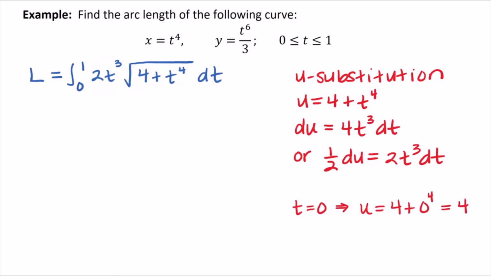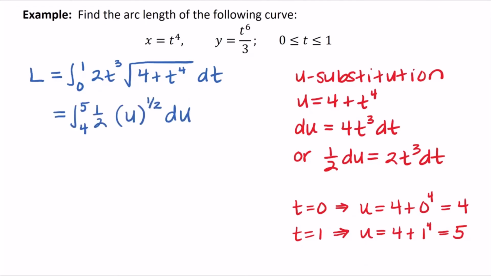And if t equals 0, u will be equal to 4 plus 0 to the fourth, or 4. And if t equals 1, then u will be equal to 4 plus 1 to the fourth, or 5. Thus, applying the substitution gives us the definite integral from 4 to 5 of 1/2 u to the 1/2 du.